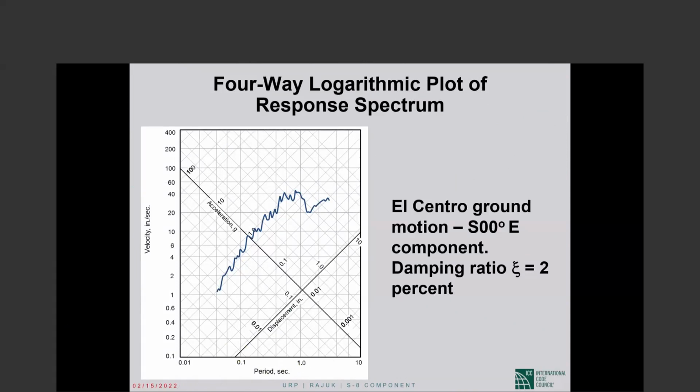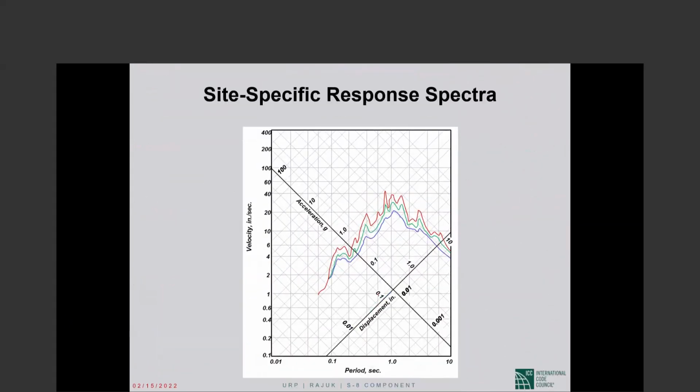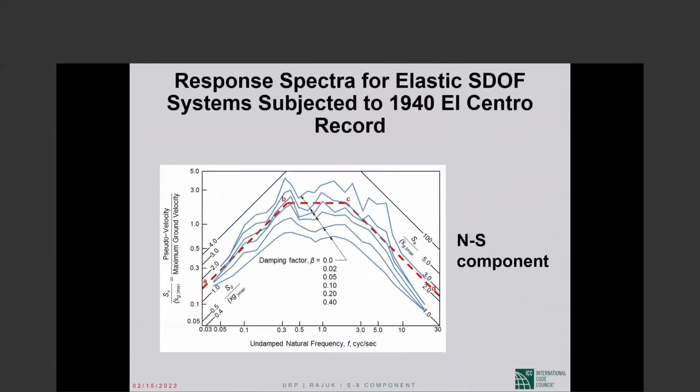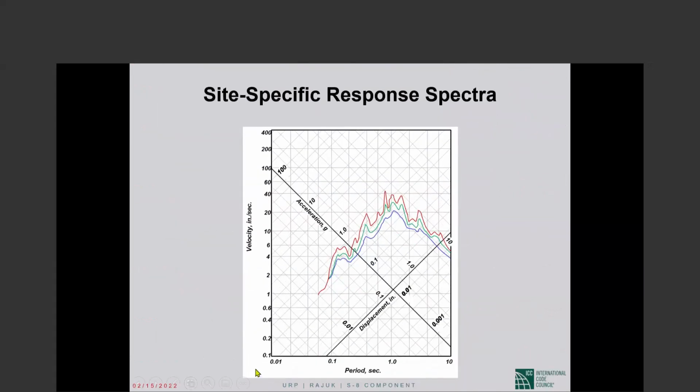So the constant acceleration part of the spectrum will be here, the constant velocity there, and the constant displacement part of the spectrum will be to the right. You will see that. I think this will come up in discussion right now, actually. Okay, so we have gone from the Newmark plot to one of our plots where period is on the x-axis.